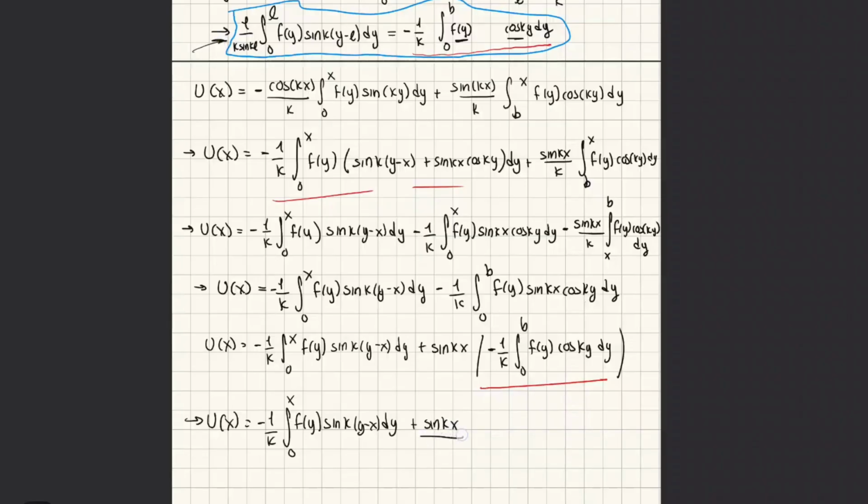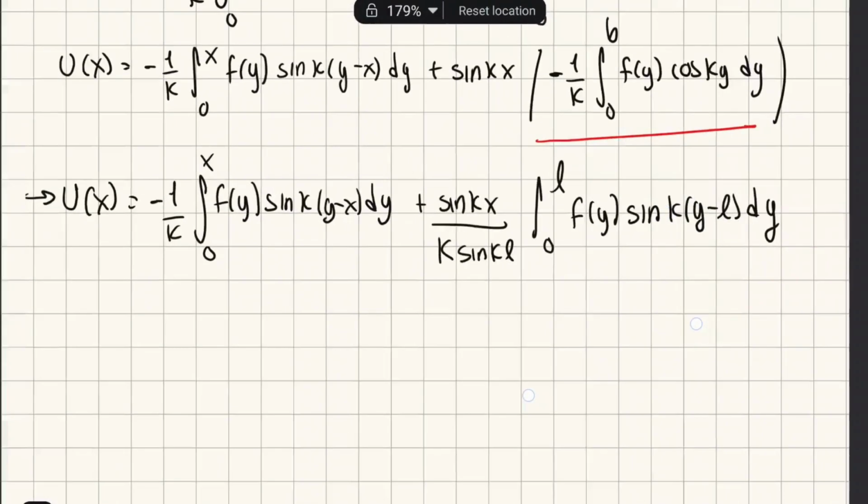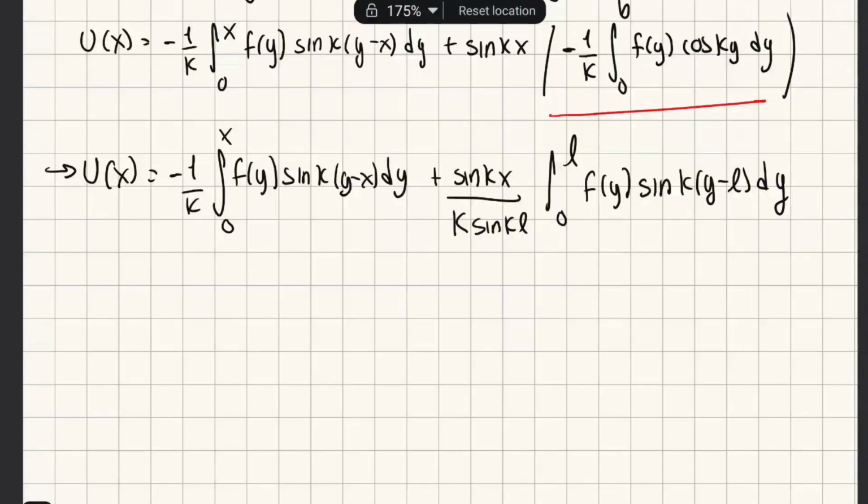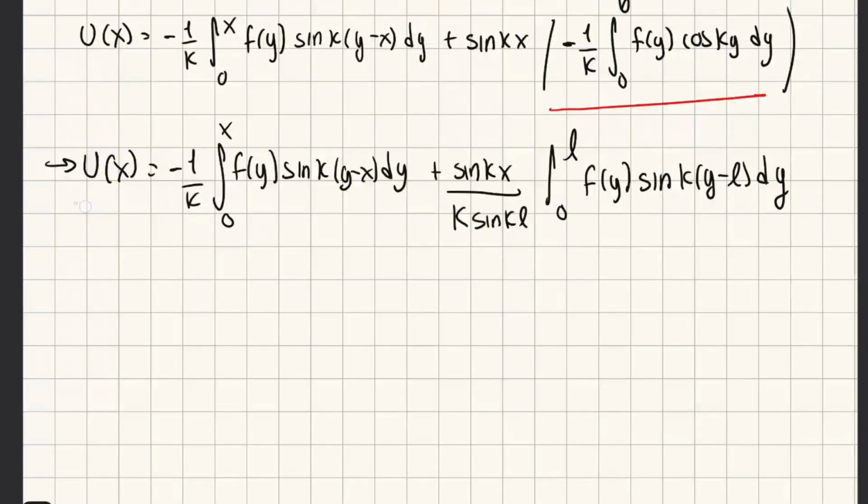So it will be k sine kl here dividing, and then the integral from 0 to l times f of y sine of k times y minus l dy. Perfect. And notice that this u of x no longer has dependence on a and b. So we have eliminated those variables.